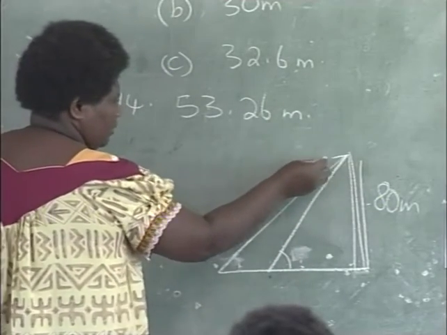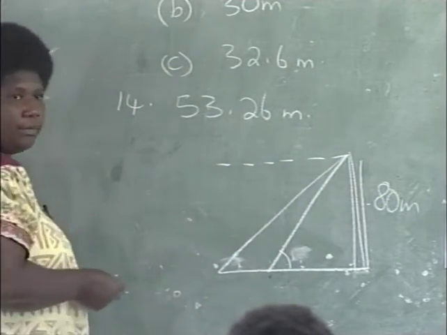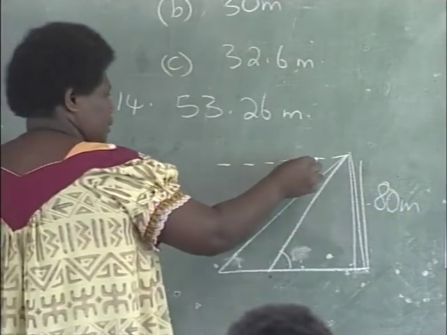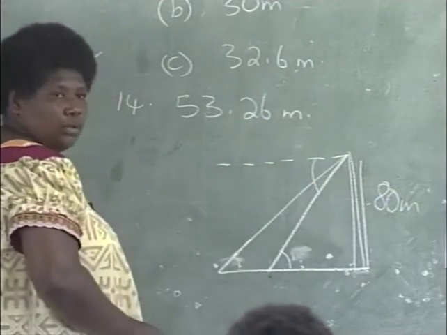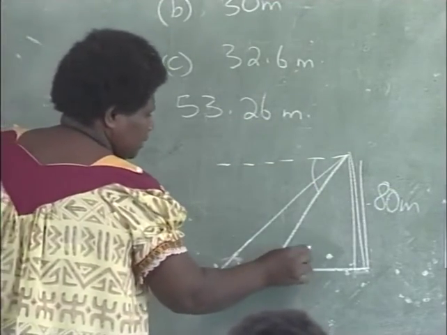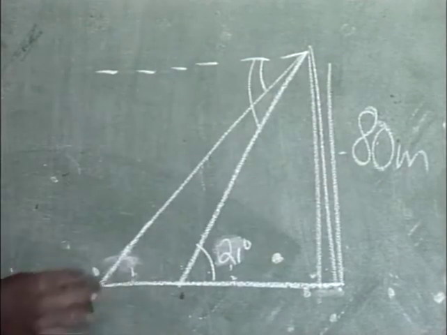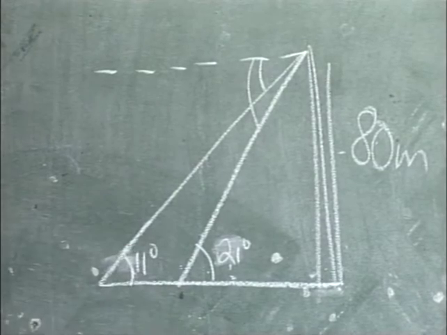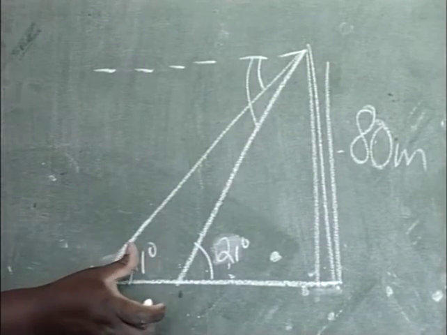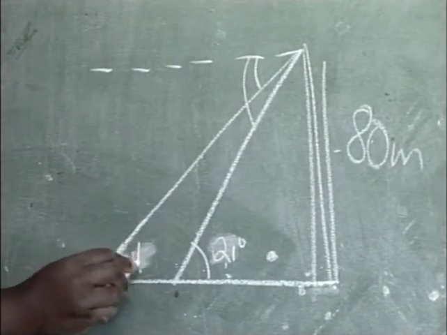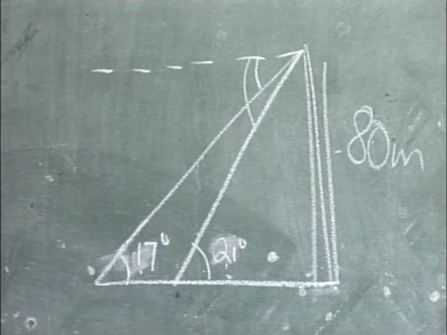First, we have to get the angle of depression from the top. This one is 21 degrees. And then this angle will be 17 degrees. I don't know where I got 11 from.